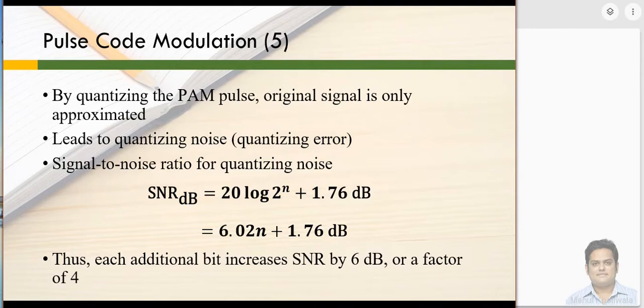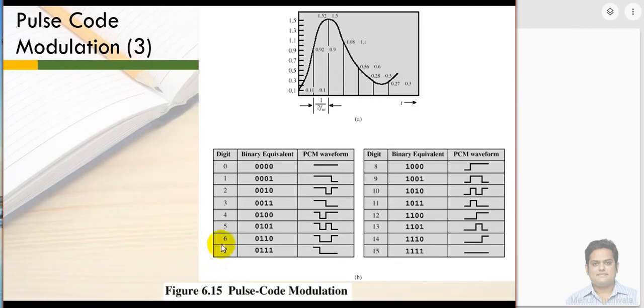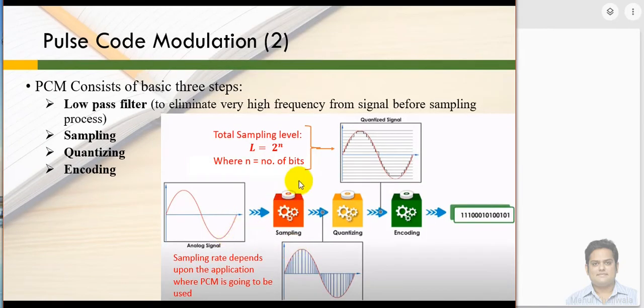So as we are taking this n number of bits to represent each and every sample, this is how PCM is going to work out, along with the problems associated with PCM.